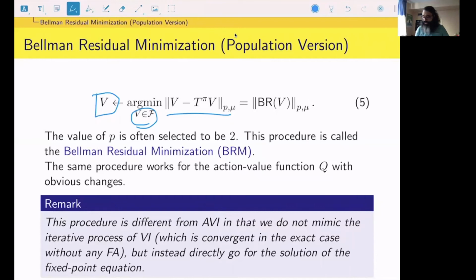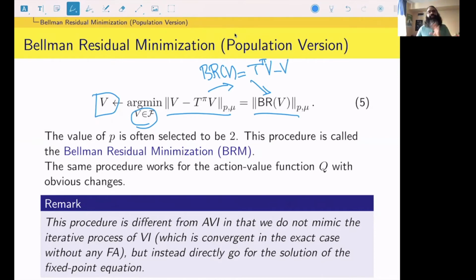Recall that the Bellman residual was defined exactly by T^π V minus V. So it's equivalent to the norm of the Bellman residual. That's why it's called Bellman residual minimization.